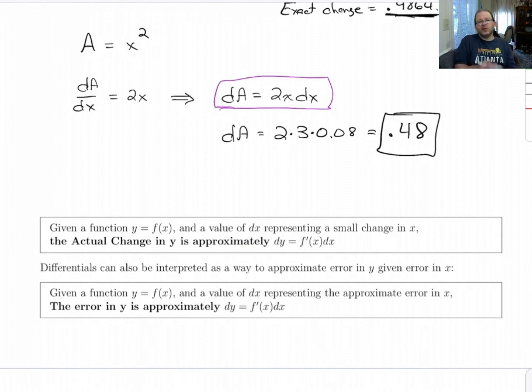And you can also word this in terms of error. Like if you're given some function and a value of dx representing an approximate error in x, in both of these you would be given a particular value of x. I should add that.